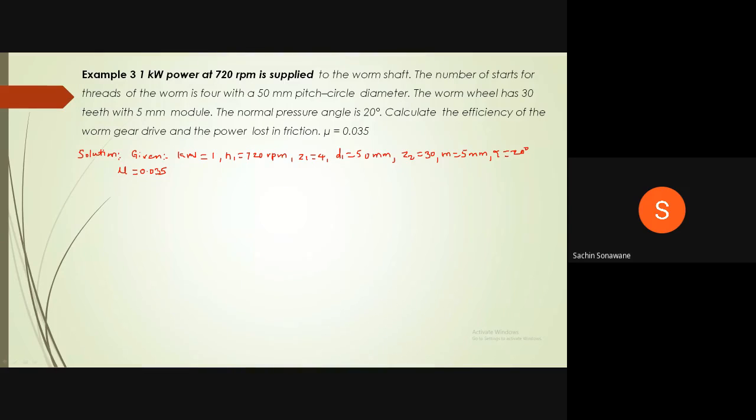Therefore, we have seen the formula of the efficiency. First of all, we will write down the formula.